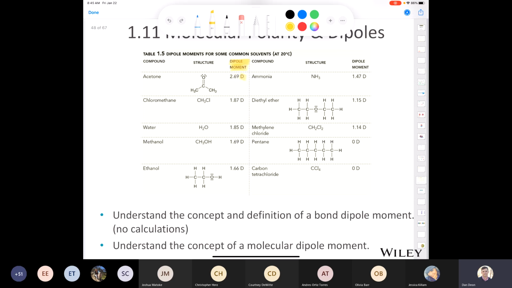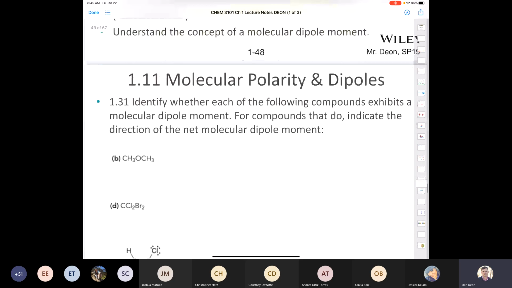If we compare acetone and carbon tetrachloride, acetone is 2.69 debye and carbon tetrachloride is 0. So carbon tetrachloride is not polar whatsoever. That's very important to understand the concept of a dipole moment.